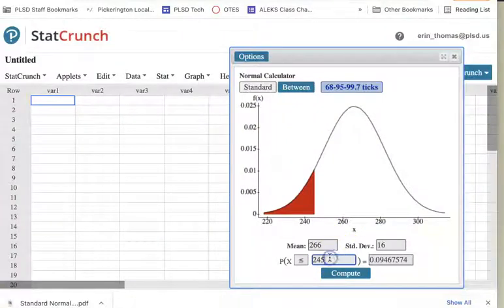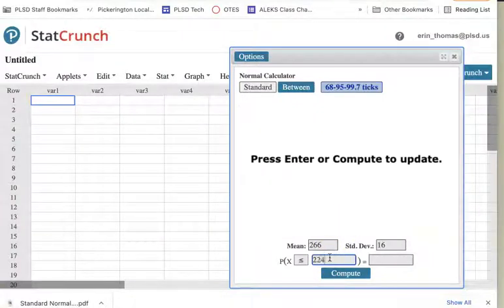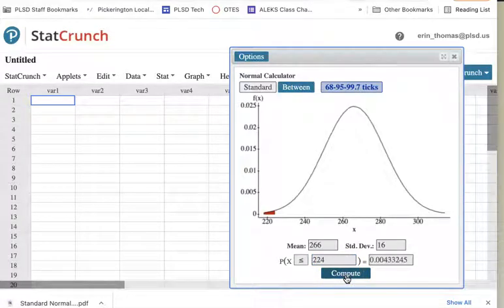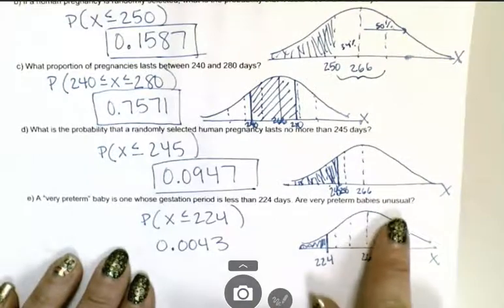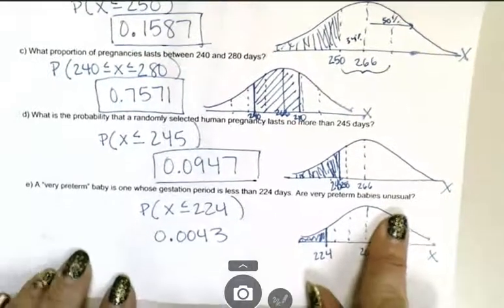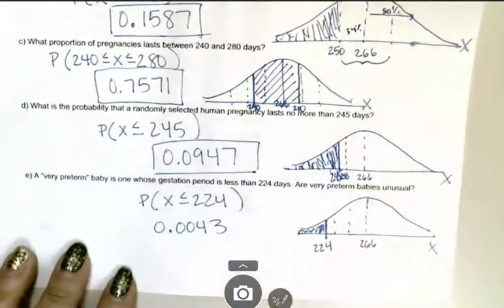So less than or equal to 224, compute. That gives me 0.0043. So unusual, remember, is 0.05, anything that's below it.